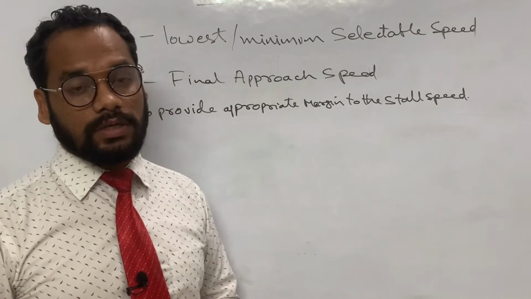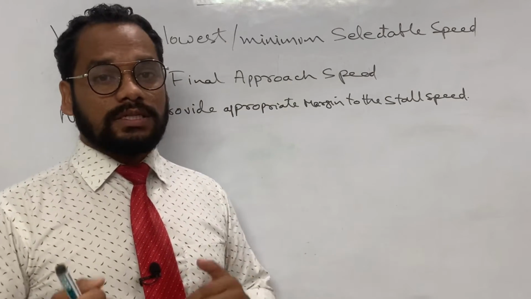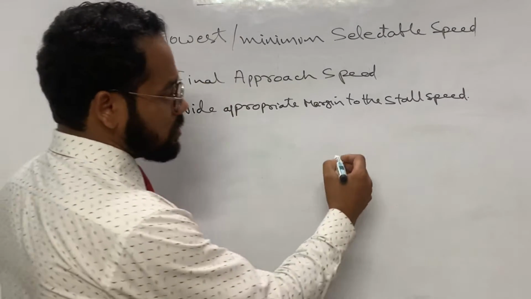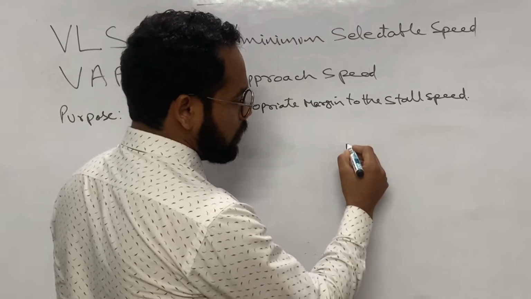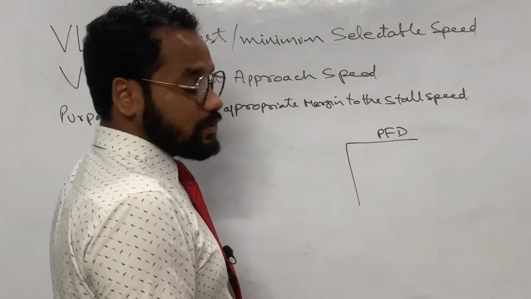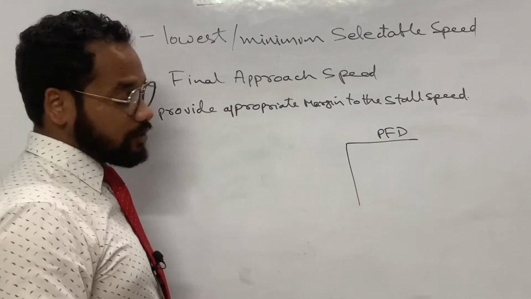For this, let me consider the Airbus A320 aircraft. In this aircraft cockpit, there is a display by the name PFD, the primary flight display, which is a part of the EFIS, the electronic flight instrument system.